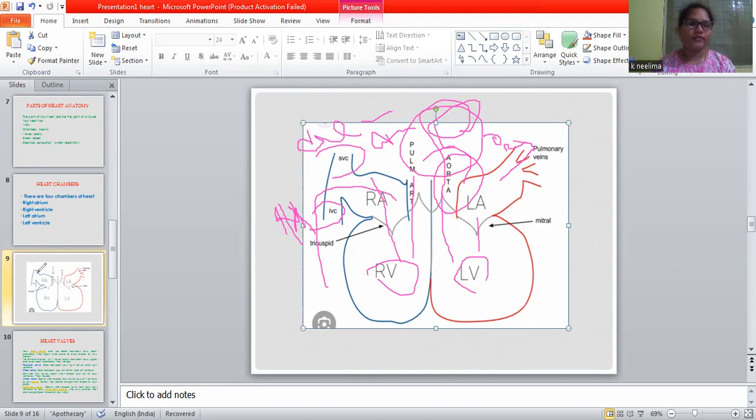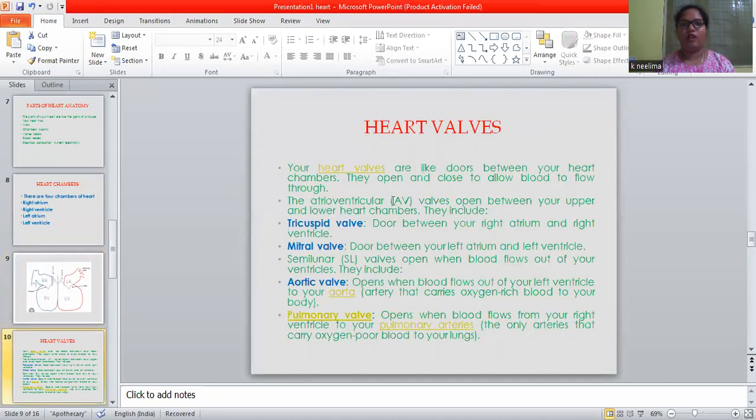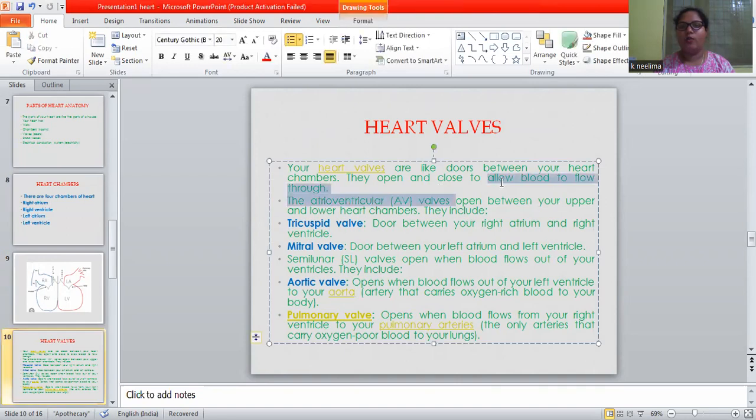Next we will move to heart valves. Heart valves are used to open and close.